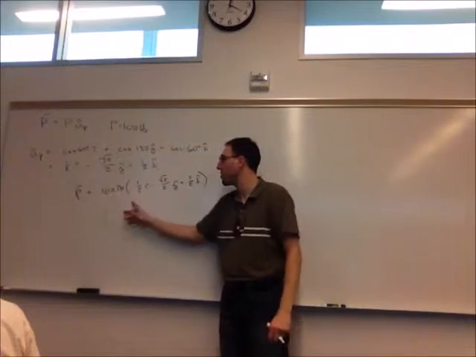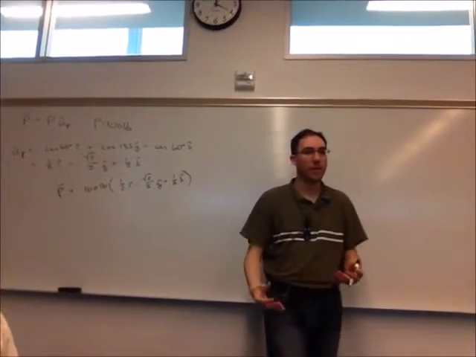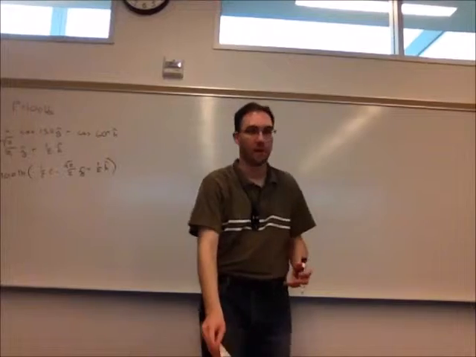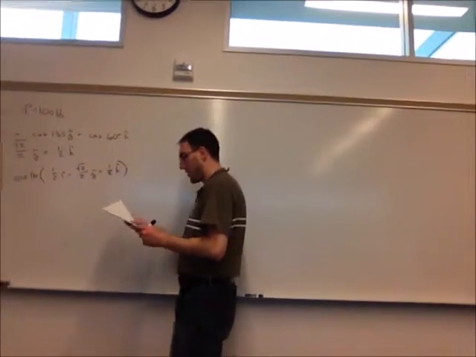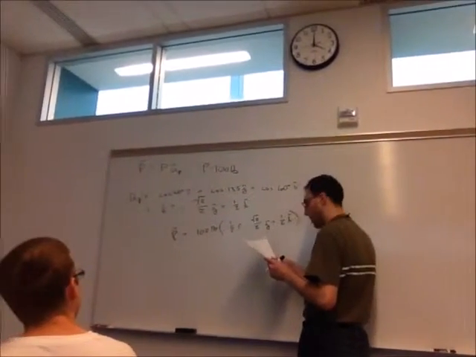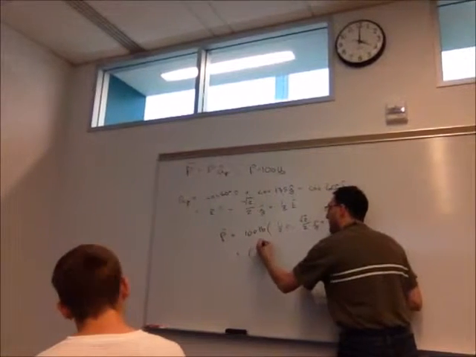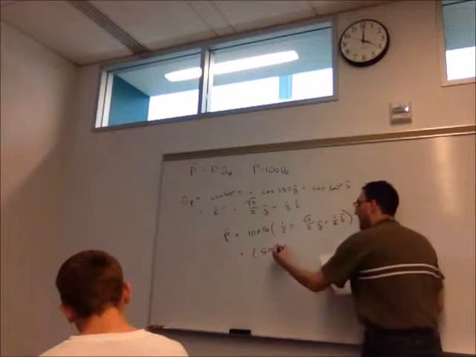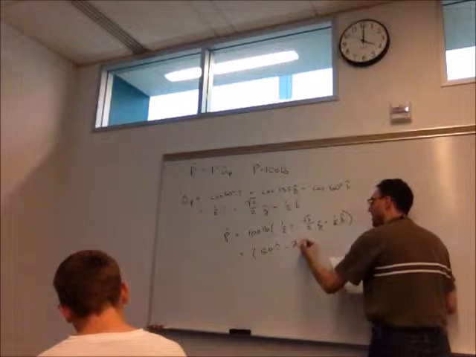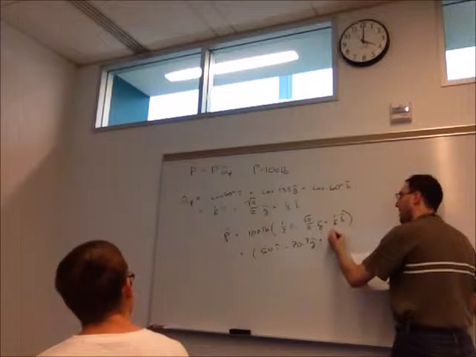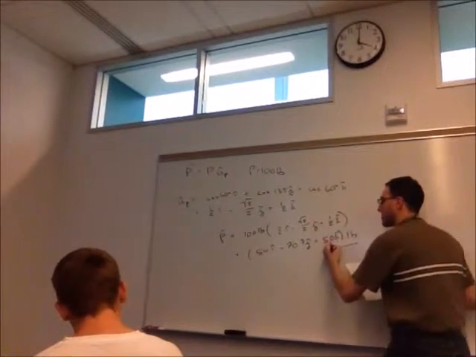All we do is distribute the scalar in, and we get another vector. If we do that, we get p is 50i minus 70.7j plus 50k pounds.